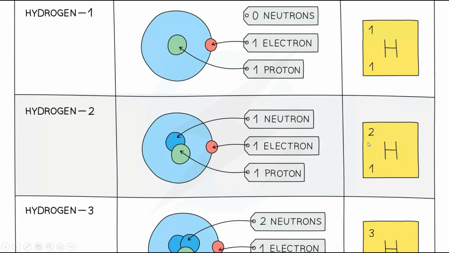And this can be seen clearly by this key here. And if you move on to hydrogen-3, you will notice that now we have 1 electron, 1 proton, and 2 neutrons. And this means, again, the mass number has increased. So that's all about the basics of the isotopes that we have discussed now.